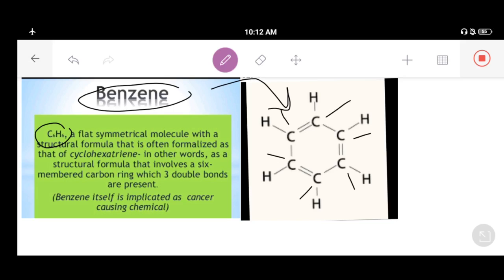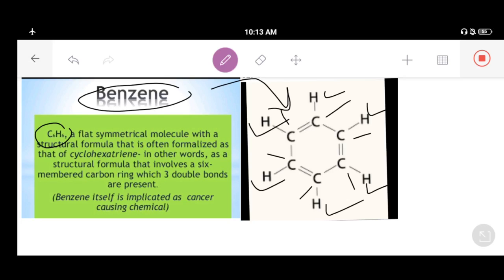This is hydrogen number 1, hydrogen number 2, 3, 4, 5, 6. Jot it down: the formula of benzene is C6H6, made up of 6 carbon atoms along with 6 hydrogen atoms, and it has been categorized as an unsaturated cyclic hydrocarbon.